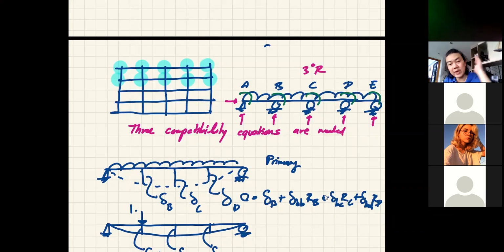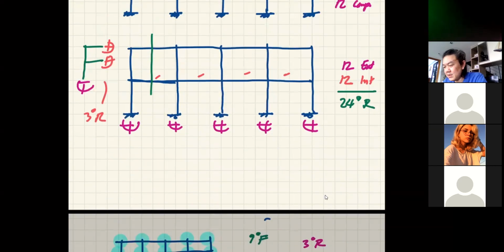And because of the beam, we don't have the horizontal force. We may neglect the horizontal movement. But if you want to include that, you will say, okay, I have 1, 2, 3, and 4 degrees of freedom. So it's correct to say 9 degrees of freedom.